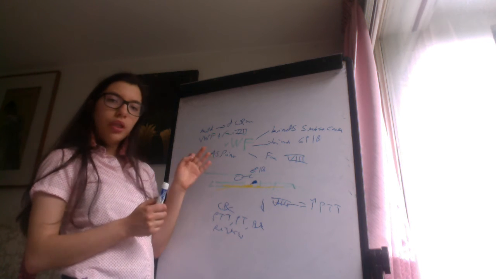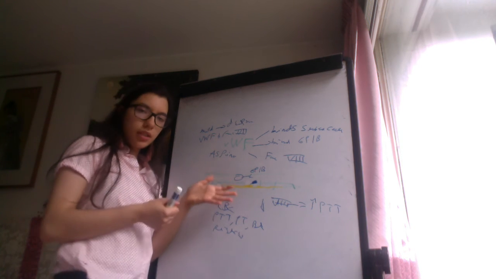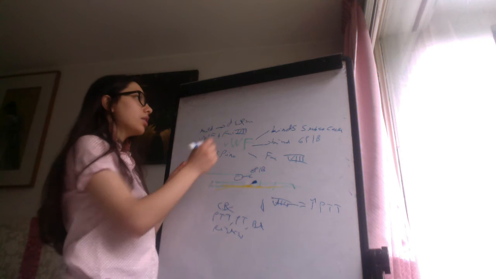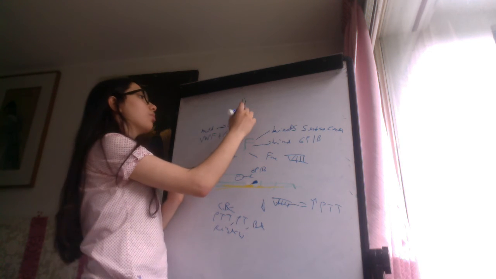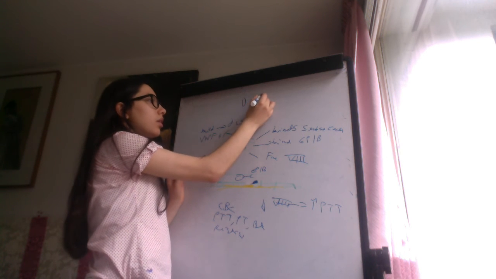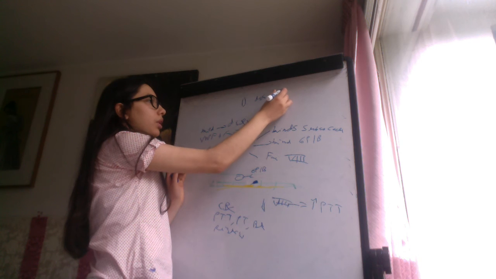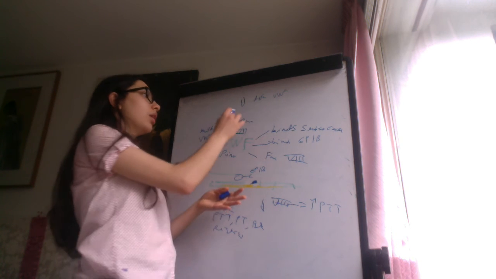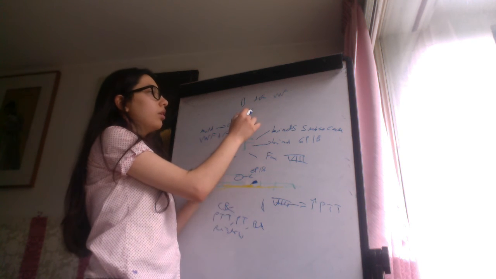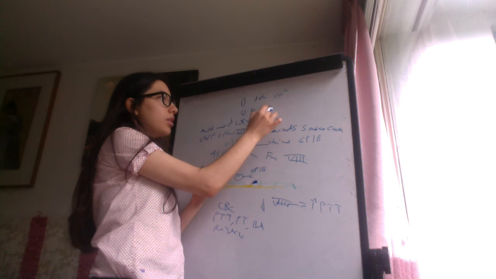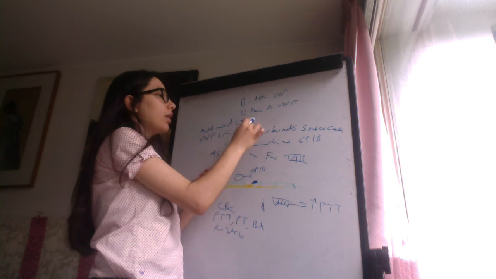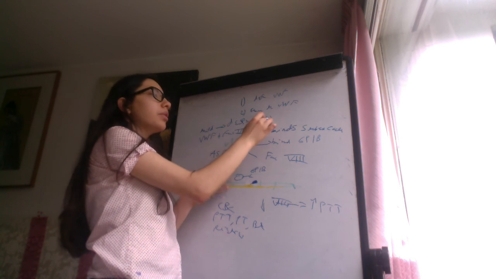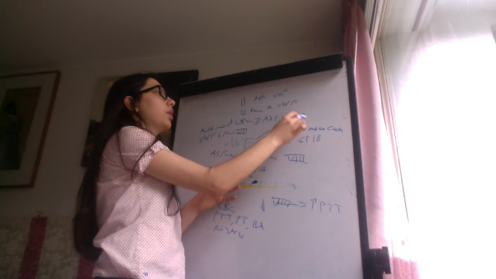There are three main types of von Willebrand disease. Type 1 is when there is just deficiency of the von Willebrand factor, that is just decreased von Willebrand factor. The second is a qualitative deficiency of the von Willebrand factor, and the third is absence of the von Willebrand factor activity.